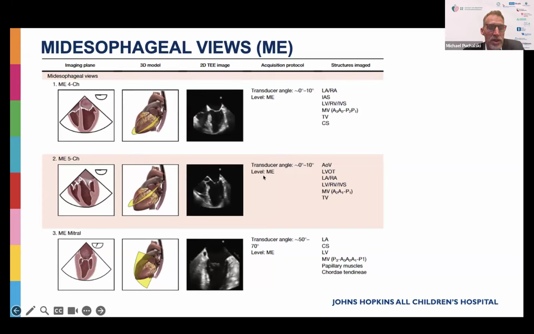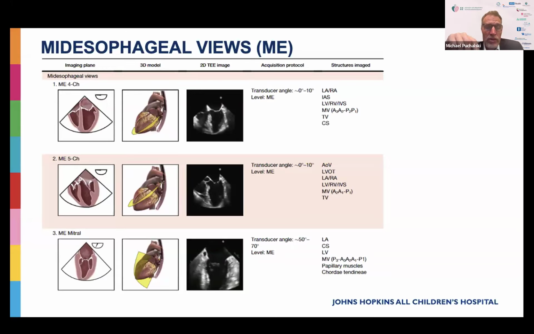As you tip a little superior, you can pick up the left ventricular outflow tract and aortic valve, giving you the 5-chamber plane. For the third view, you rotate the transducer towards 50 to 70 degrees, and you can profile the mitral valve, specifically the scallops listed there on the right-hand side.